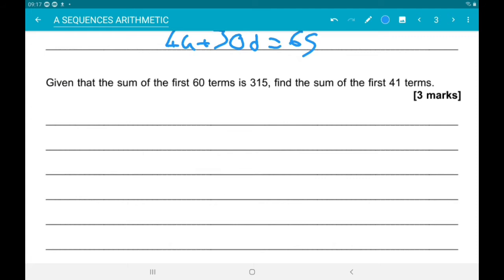From that, we will then have two simultaneous equations, solve those for a and d, and then find the sum to 41. Alright, so the sum to 60 tells us 60 over 2, so 30.